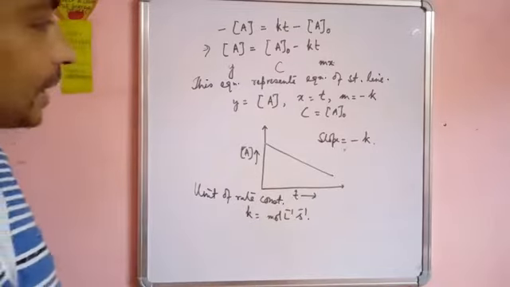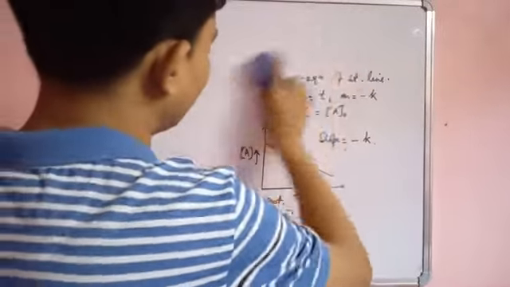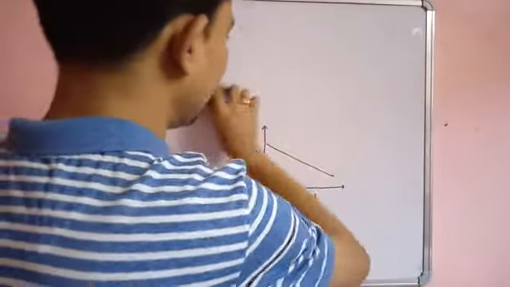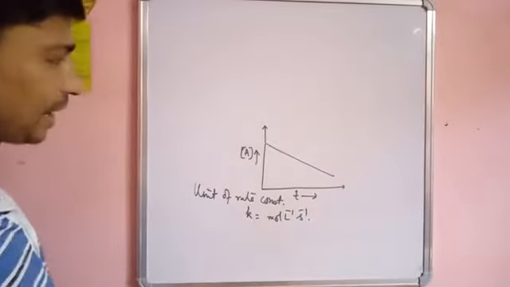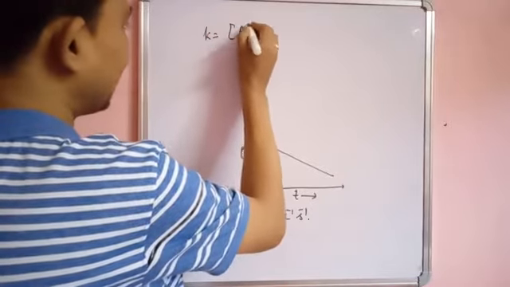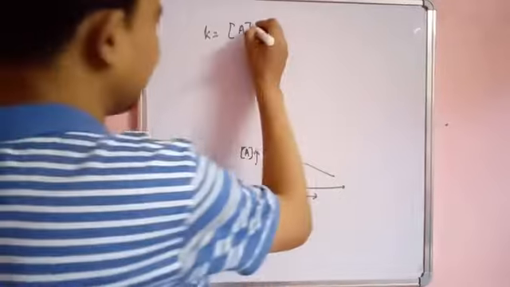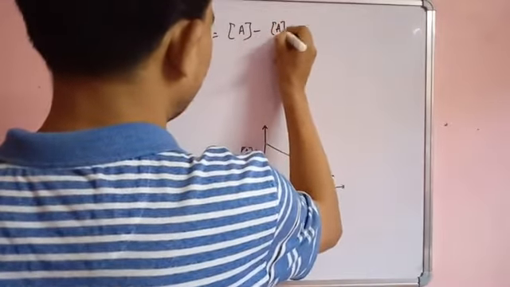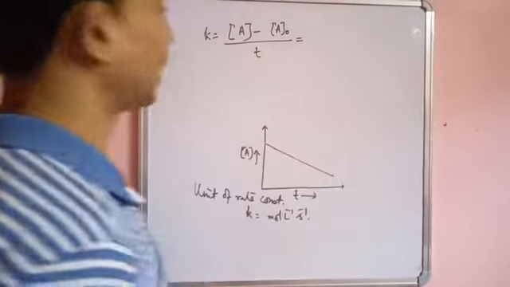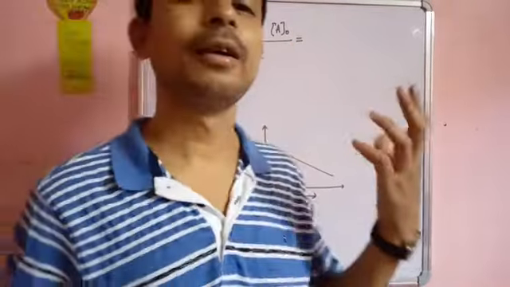Now look, one more thing. In the process of determining this integrated rate equation, we have seen that k is equal to a minus a naught by t. A naught is the initial concentration and a is the final concentration.